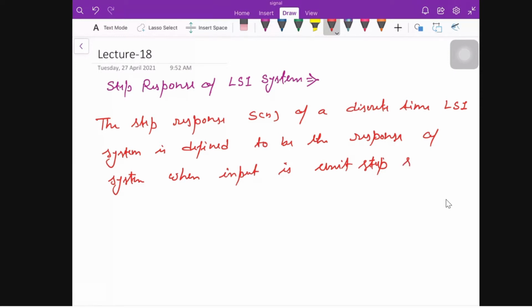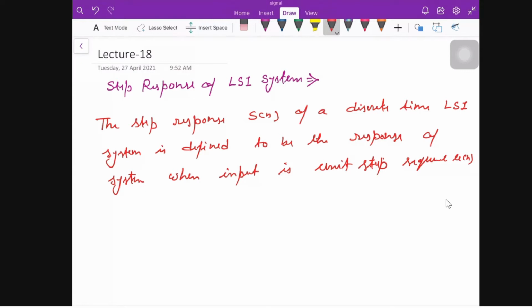Step means you are giving the input as un. As the name suggests, you are giving the input as a unit step and then calculating the response.